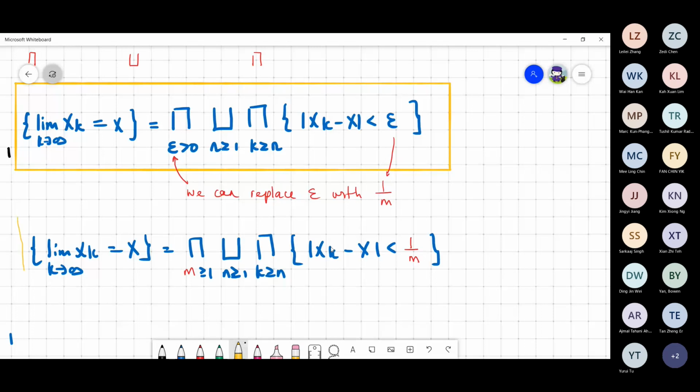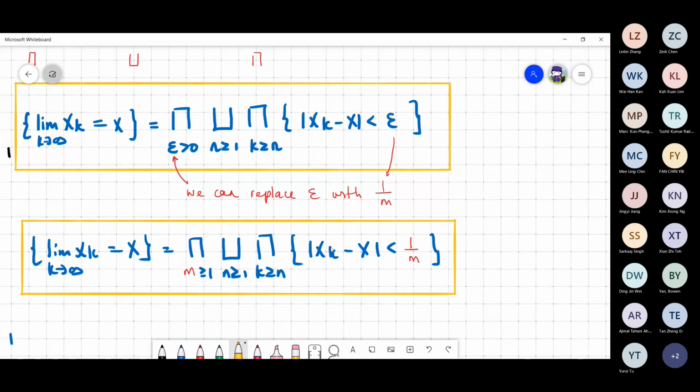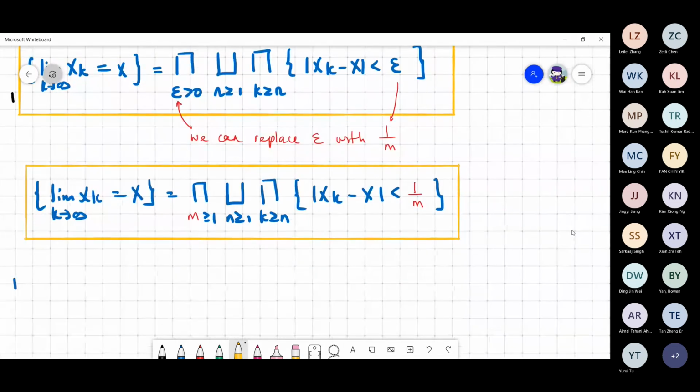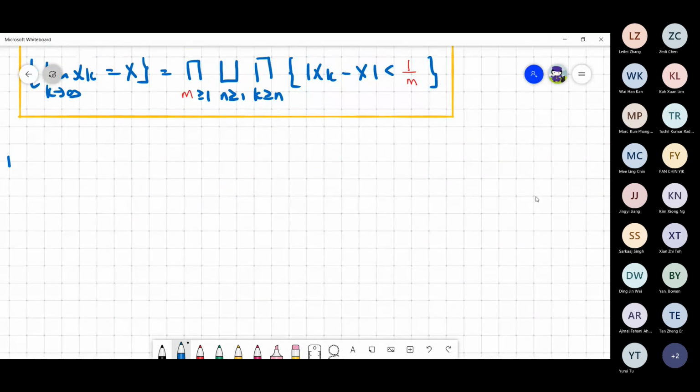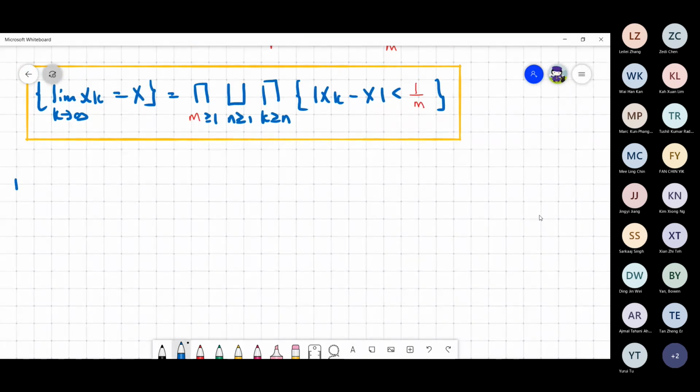Alternately, we can have this. Okay, so now you get this idea. So next, maybe before that, what is the complement of limit xk equals x?